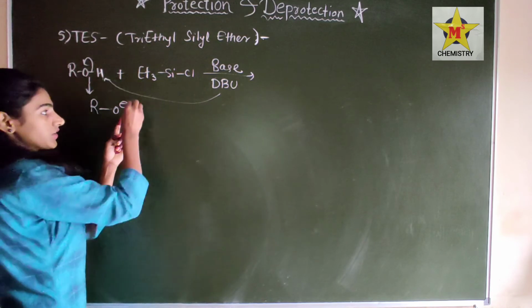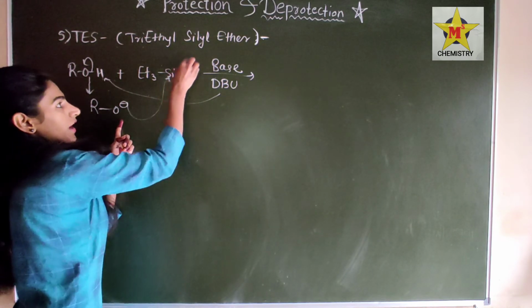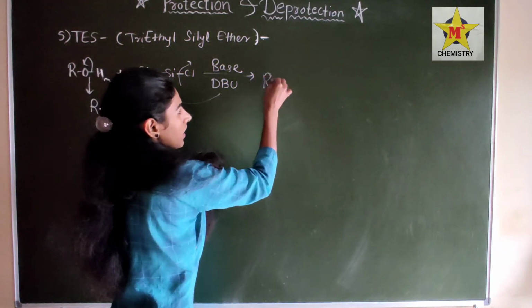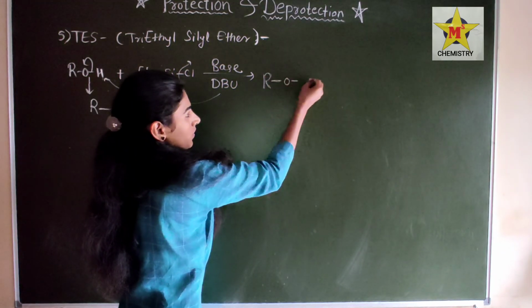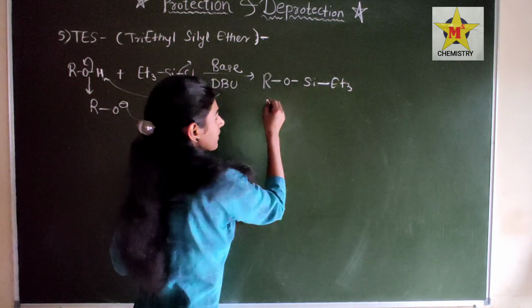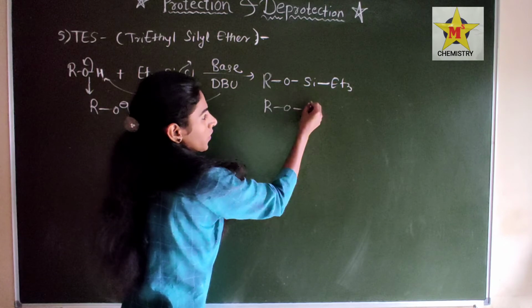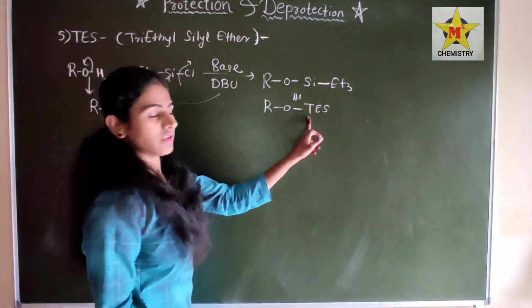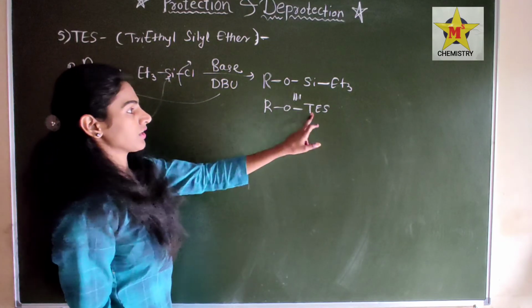This negative charge will attack the silicon atom and chlorine departs. Okay, and ROSiEt3 is formed, that is ROTES, triethyl silyl ether protection.